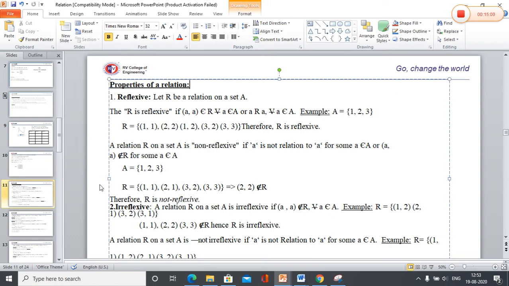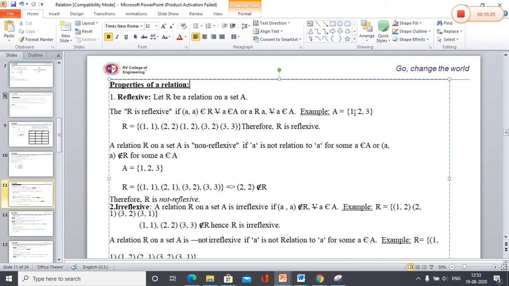Okay, like that. Now R is also given. Now we have to determine whether it is reflexive or not. For reflexive, we are not bothered about any other ordered pair. We have to just check that (a, a) should belong to R for each a belonging to A. For each a belonging to A means what? Small a is the element of this set A. So a is what? 1, 2 and 3.